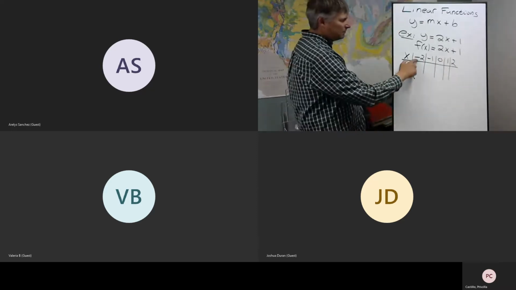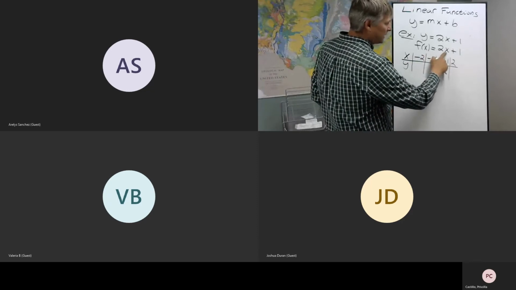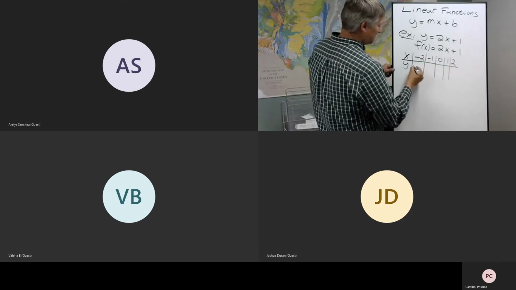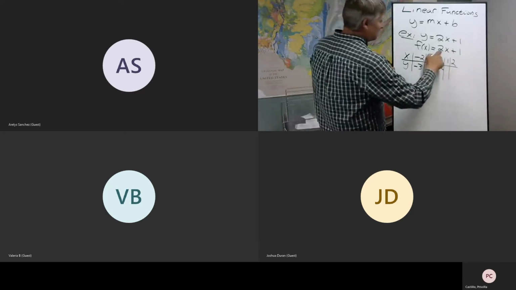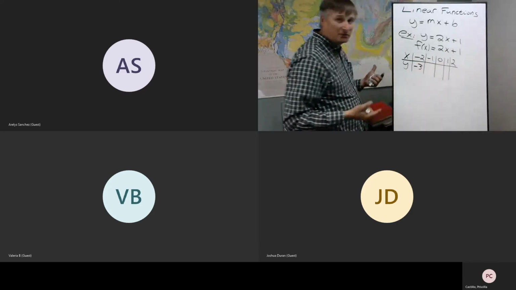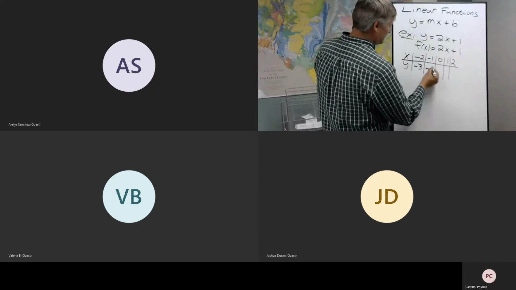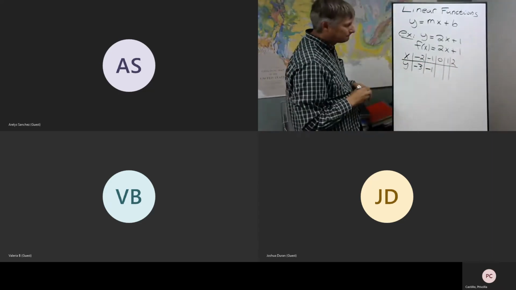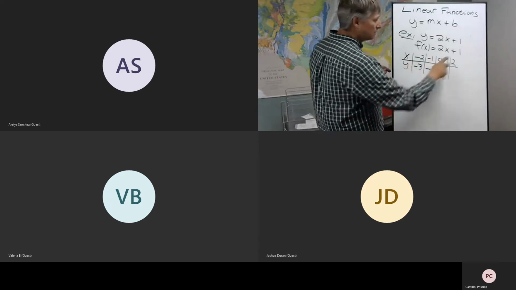So for -2, we'll get 2 times -2, which is -4. -4 plus 1 will be -3. 2 times -1 is -2. -2 plus 1 is -1. 2 times 0 is 0.